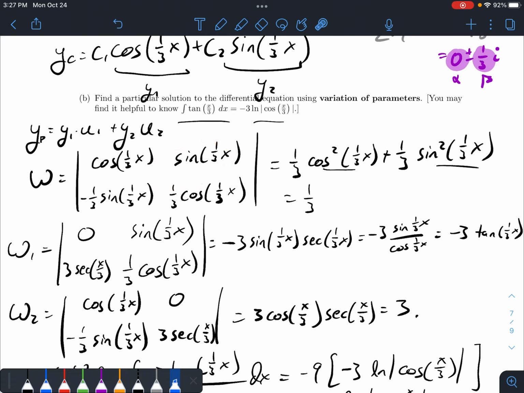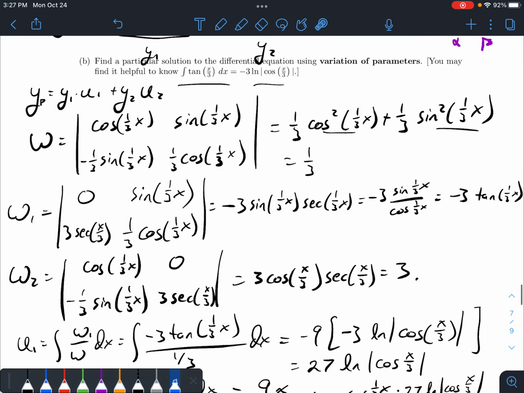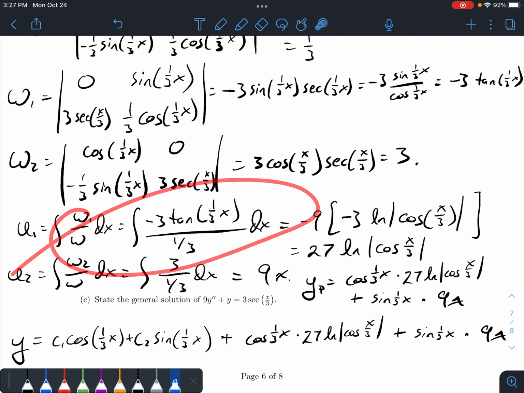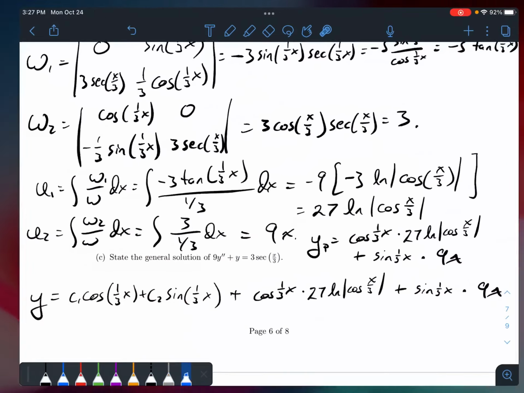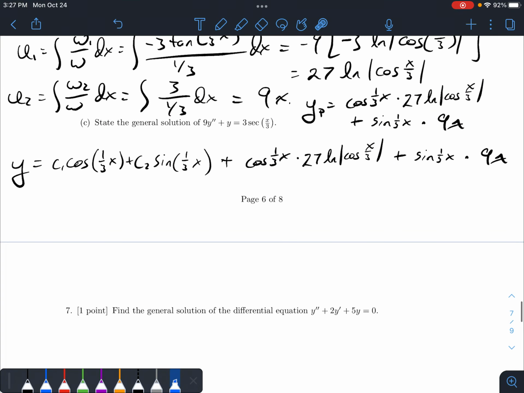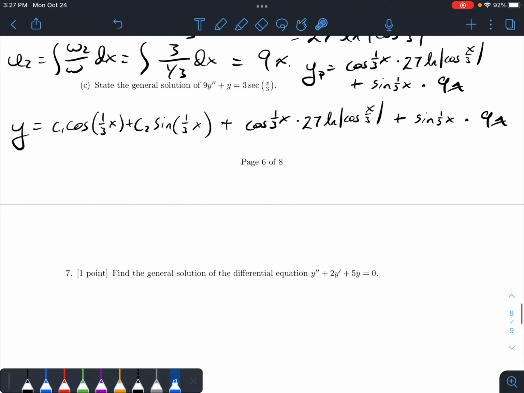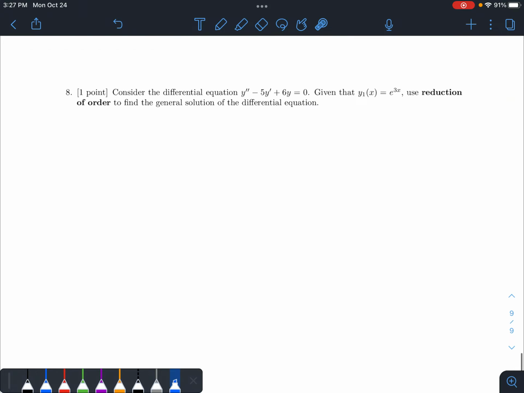I cannot tell you how many people, when they had x times e to the x up here, just forget how to do the product rule. Please make sure that you're doing your derivatives correctly, and doing the product rule and all the chain rules correctly. It does matter, and it is going to affect your answer. If you do this or this wrong to start, and you get to an integral that's impossible to do, then you probably messed up, or maybe your integral skills are not great. But just make sure that all those basic fundamental skills are up to snuff.